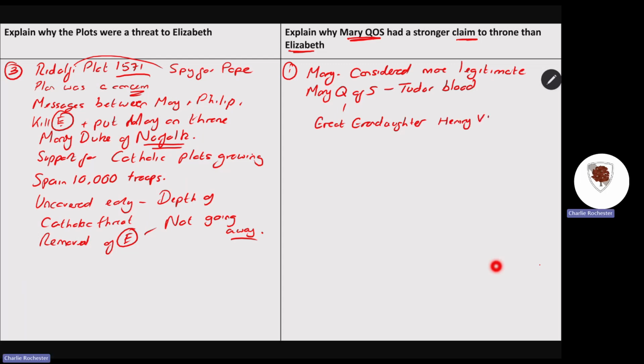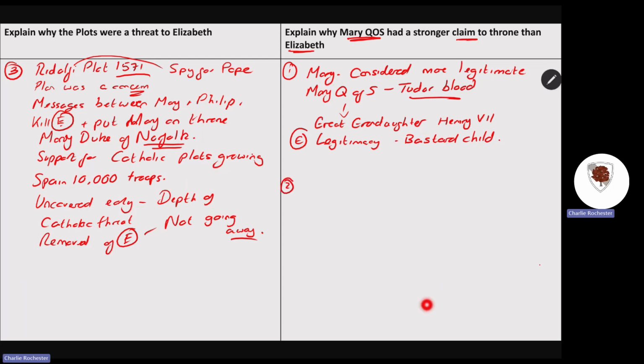So even though she's not a direct blood lineage, she did have Tudor blood through great lineage, as discussed. And then you could also talk about the fact that Elizabeth's legitimacy goes back to the fact that she was a bastard child due to questions around Henry VIII and Anne Boleyn's relationship when she was conceived.